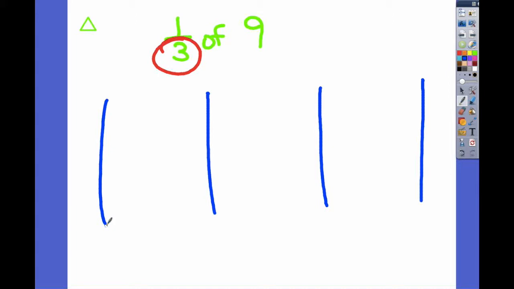So on your desk, go ahead and do that. And watch how I do it. I'm just taking 1 each until I get to 9. This way I know for a fact that I'm distributing them evenly.